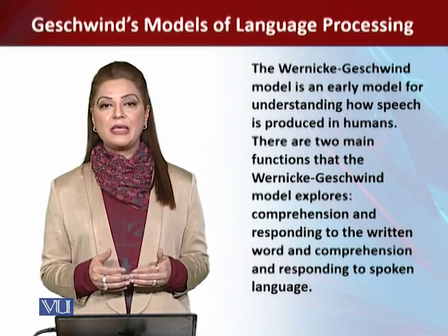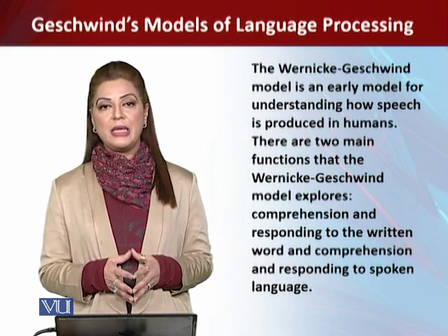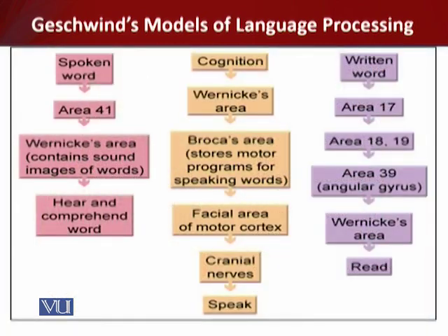Now we will look at the different stages of the model and see how each contributes to language processing. You can see three levels, and we will look at all these levels separately to see how they function.